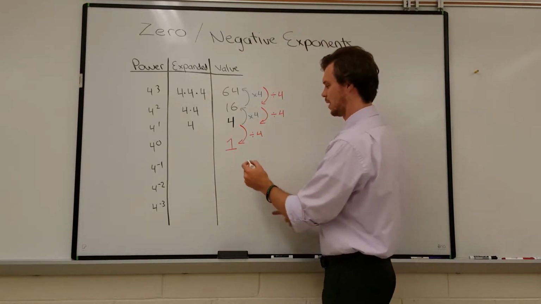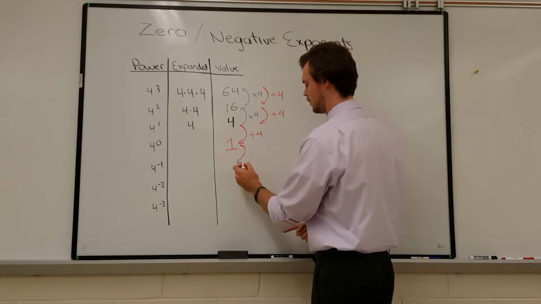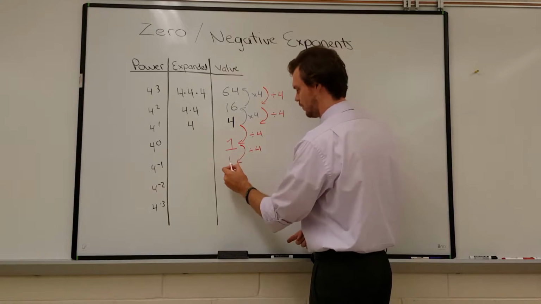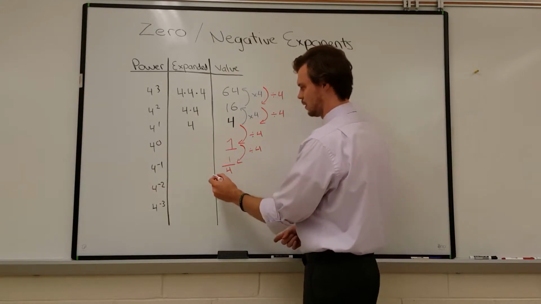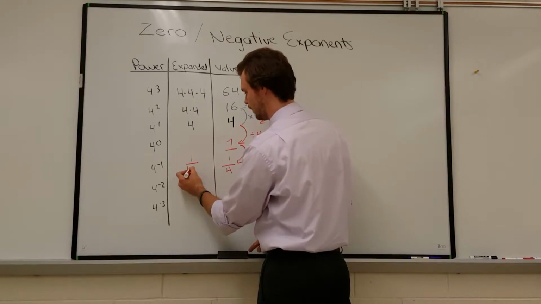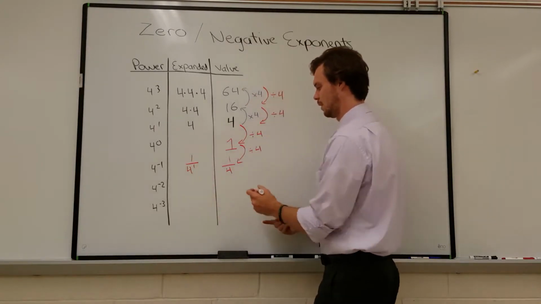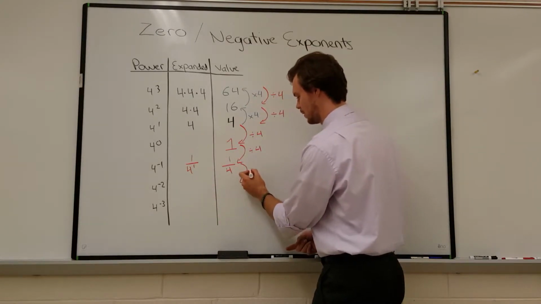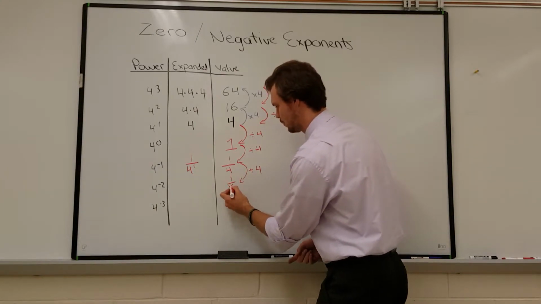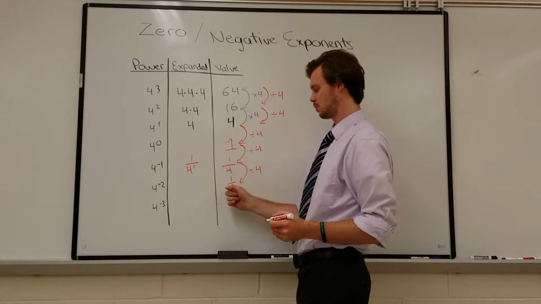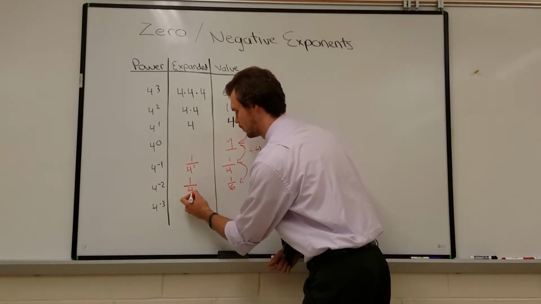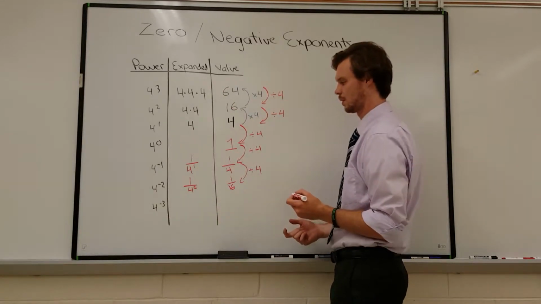And we can keep following that pattern. 1 divided by 4 is 1/4. And if I show that in the expanded version, that's just 1 over 4 to the first. Keep going. That's going to be 1 over 16, which rather than writing 1 over 16 in the expanded version, I could say that this is 1 over 4 squared.